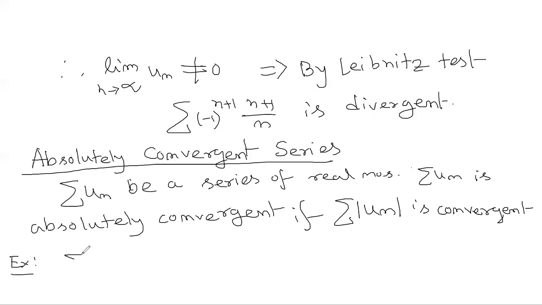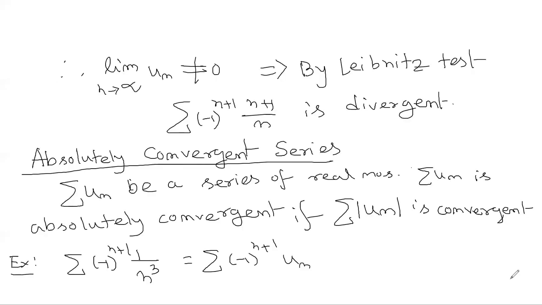Let us take minus 1 power n plus 1 by n cube, say. So here it is minus 1 power n plus 1 un. If I take modulus, the modulus of minus 1 power n plus 1 by n cube is 1 by n cube.